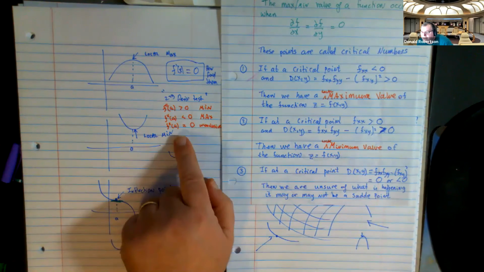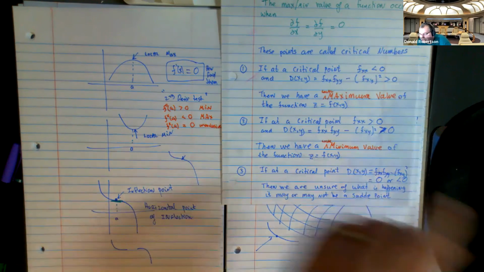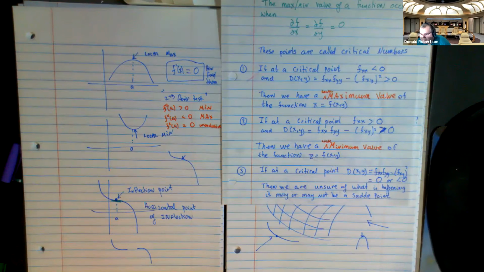It has happened. I'll give you a very simple example in Calc 1. If you take the function f of x equals x to the 4, you'll find it's got a critical number at x equals 0. Its derivative is 0, and its second derivative is also 0.